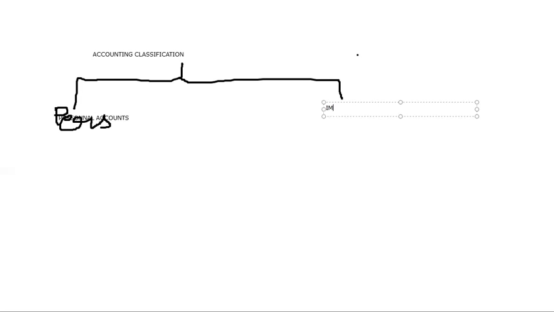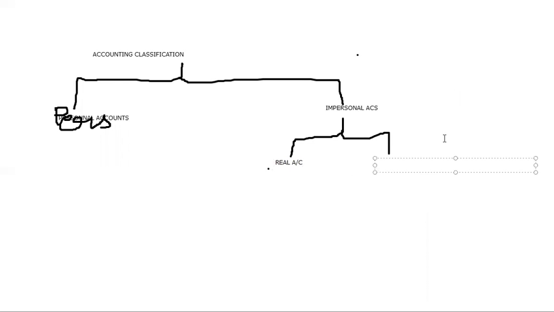Next, personal account. Then it is impersonal accounts. So the impersonal account is again divided into two parts. This part is called real account, and this part is called nominal account.